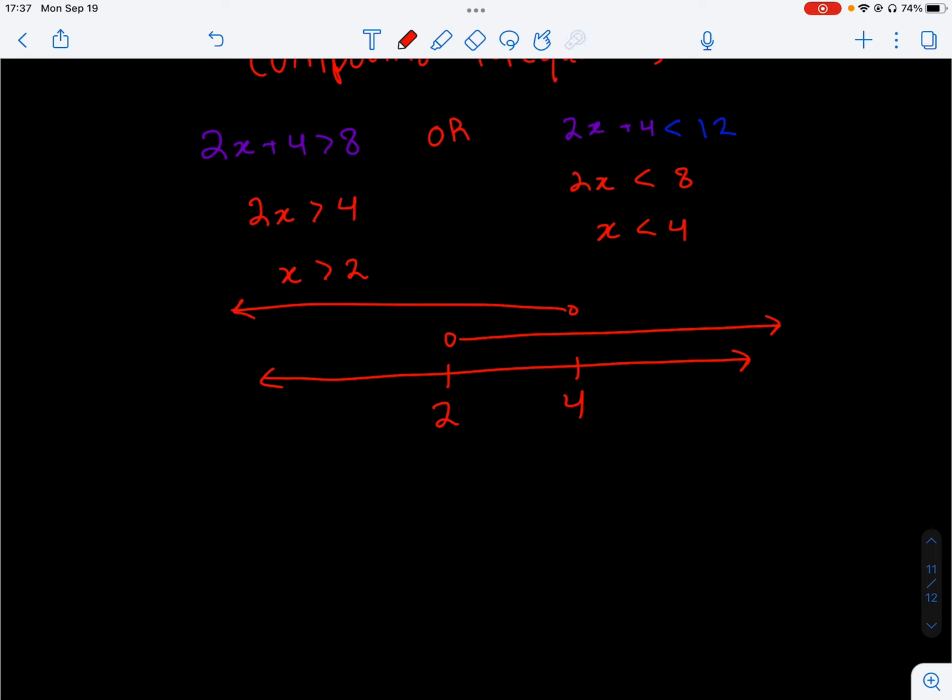And as you may notice, we have all numbers included here. Sometimes you might see this written as this symbol, which stands for all real numbers, because we're hitting all real numbers. Anything that's less than 4, anything that's greater than 2, we consider as being met here.